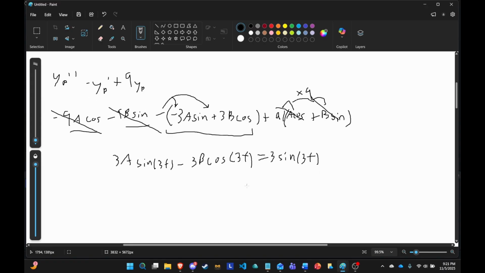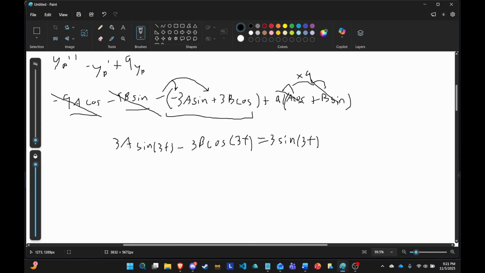So now that we're here, our undetermined coefficients of a and b have to equal some value to get us 3 sine of 3t. Well, we can see by inspection that b has to be 0, because there's no cosine on the right term, so there should be no cosine on the left side of the equation, sorry.